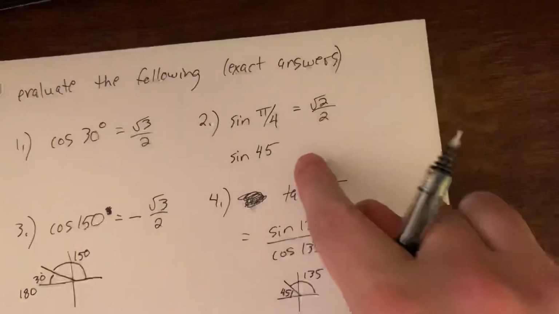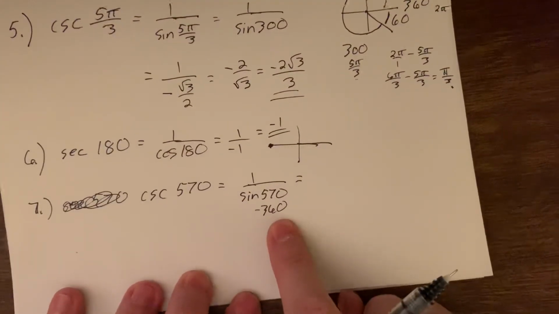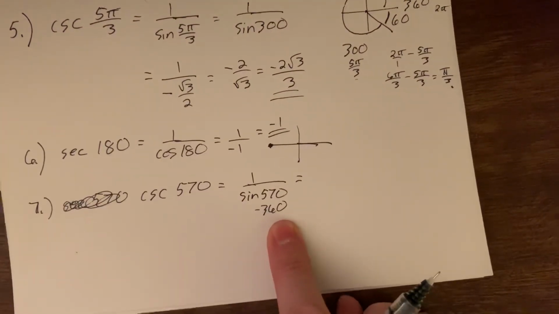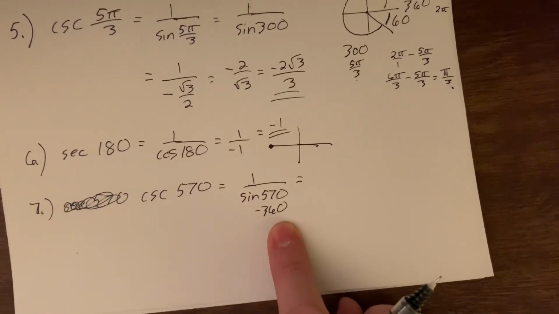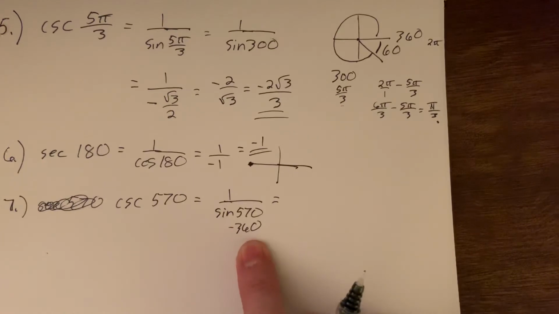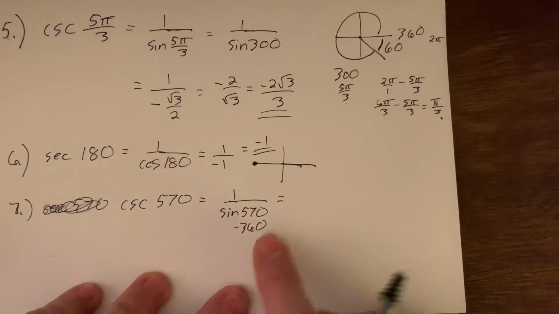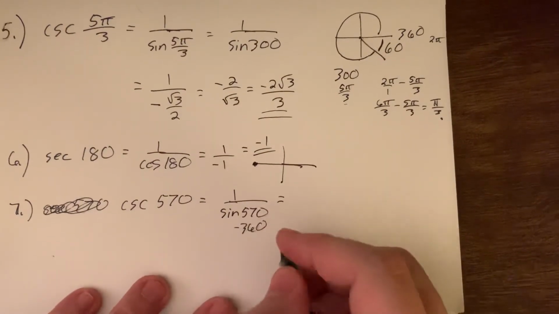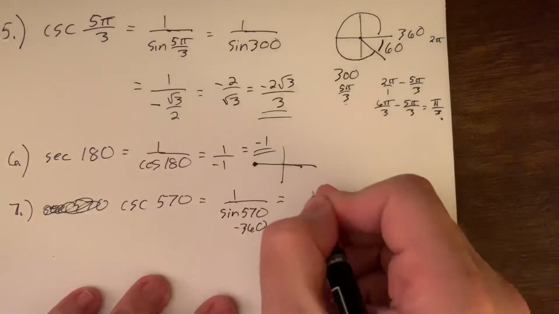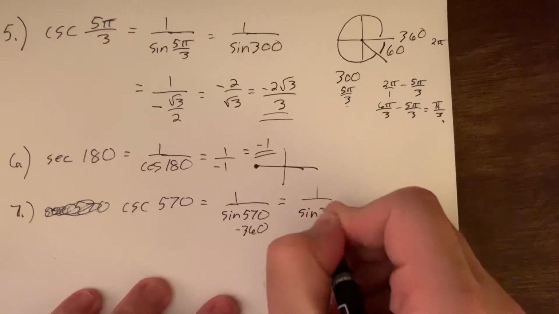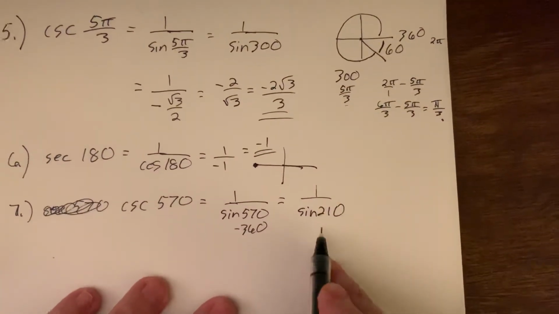Again, just like up here, I'm doing this work with reference angles. If my given angle was negative, I'd add 360 to make it a standard angle, in that nice interval that we like. But this is not solving the problem for me. It's just retranslating it: 1 over sine of 210, and now we can handle that.